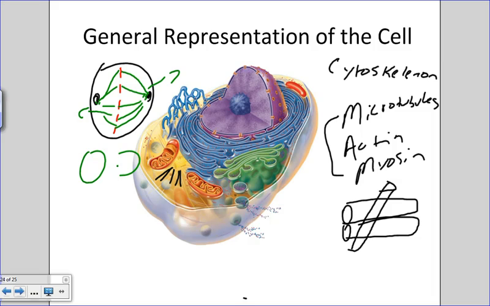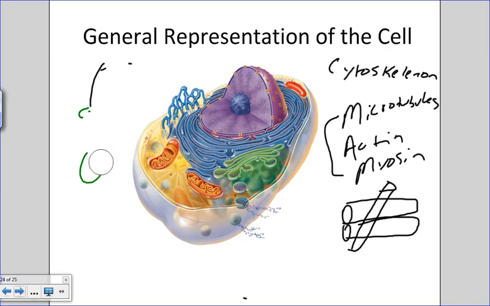So these are very important. We're going to come back to these when we talk about mitosis and nuclear cell division in a little while. Those are derivatives of the cytoskeleton as well. So the cytoskeleton forms the framework and also plays a little bit of a role in mitosis, or cell division. That's all you really need to know about the cytoskeleton, the framework of the cell.